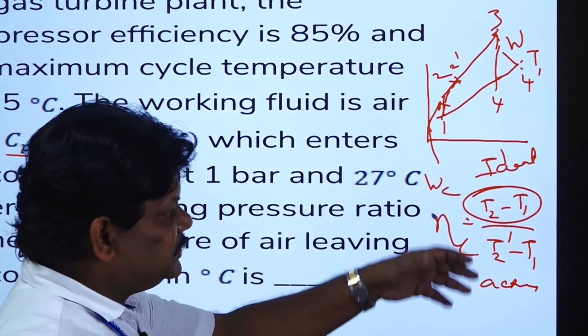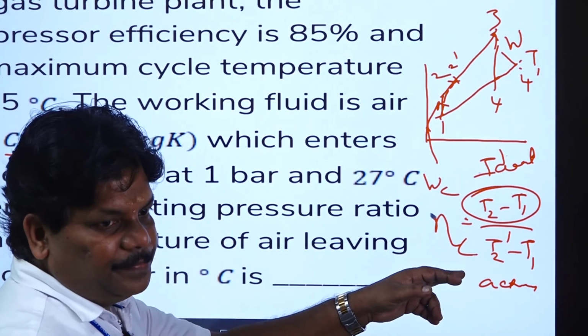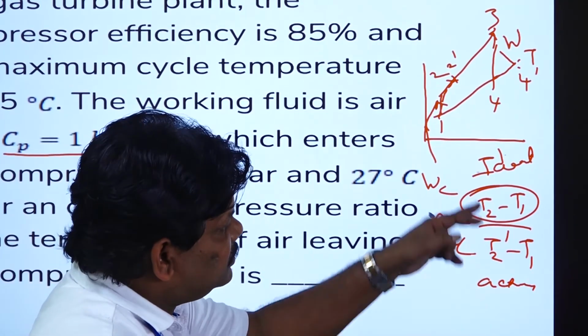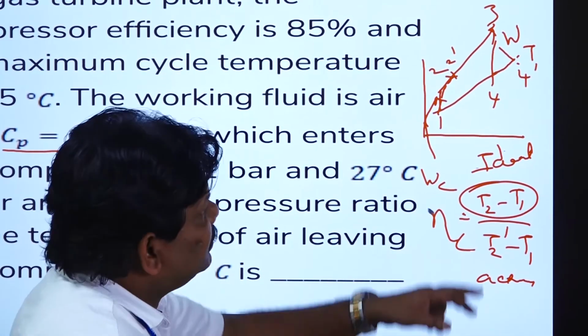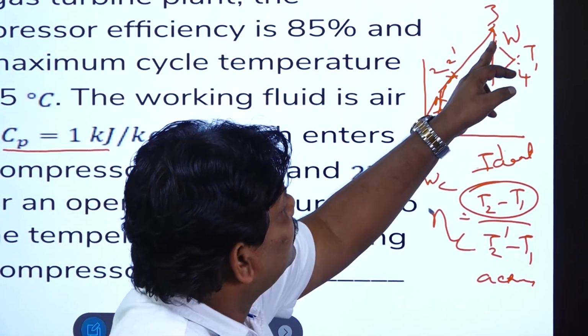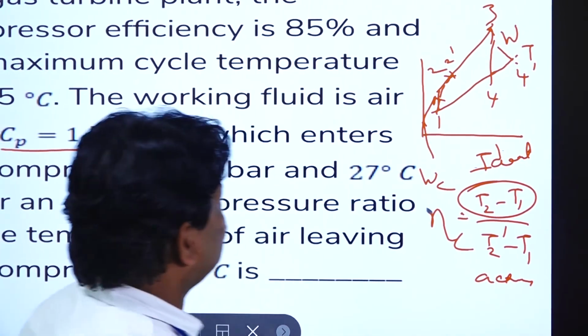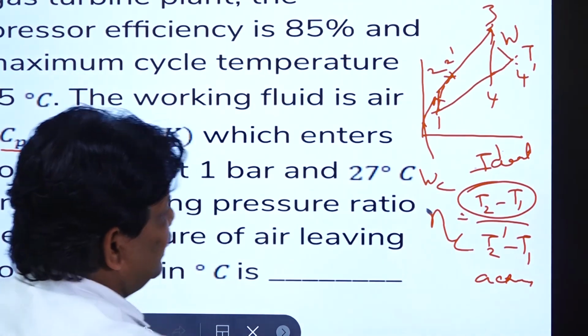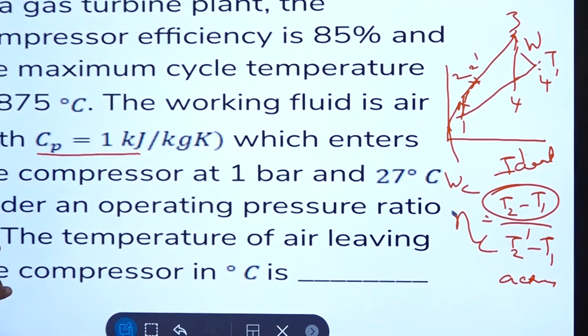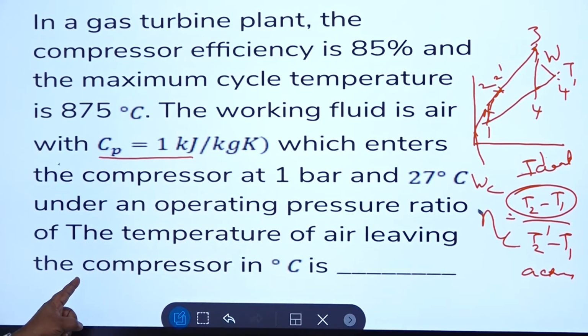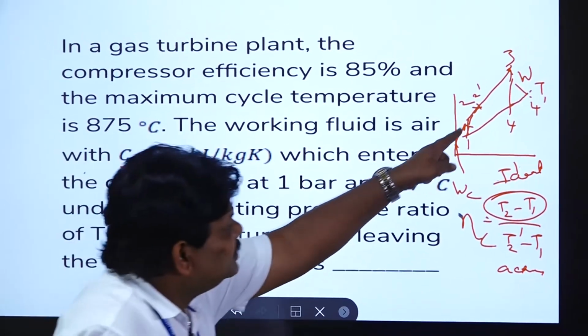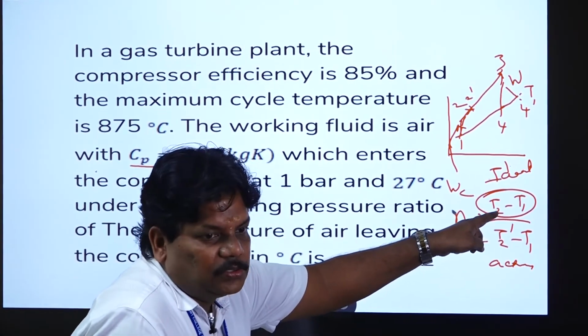The inverse is for a turbine, that will be actual by ideal. So you can see here T2 minus T1 and T2 dash minus T1. From this, the temperature of the air leaving the compressor, you have to determine the value of T2.